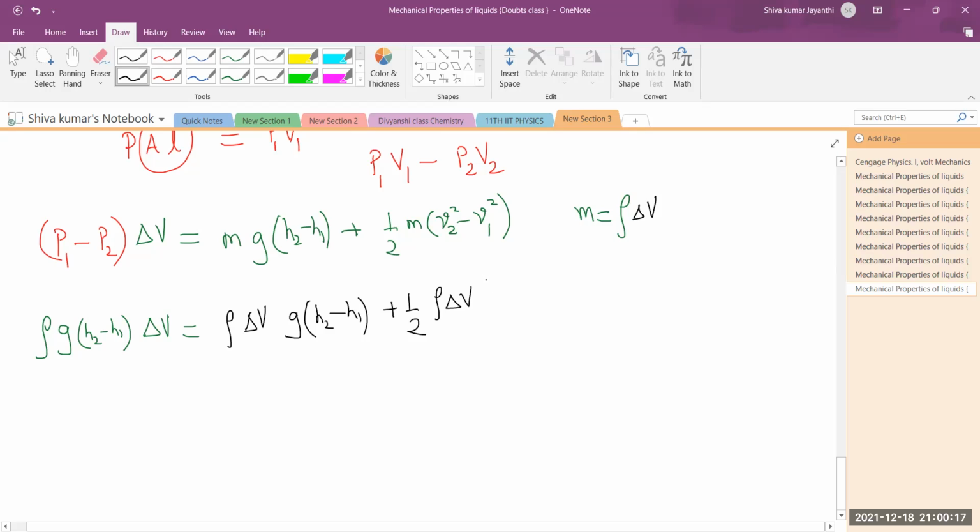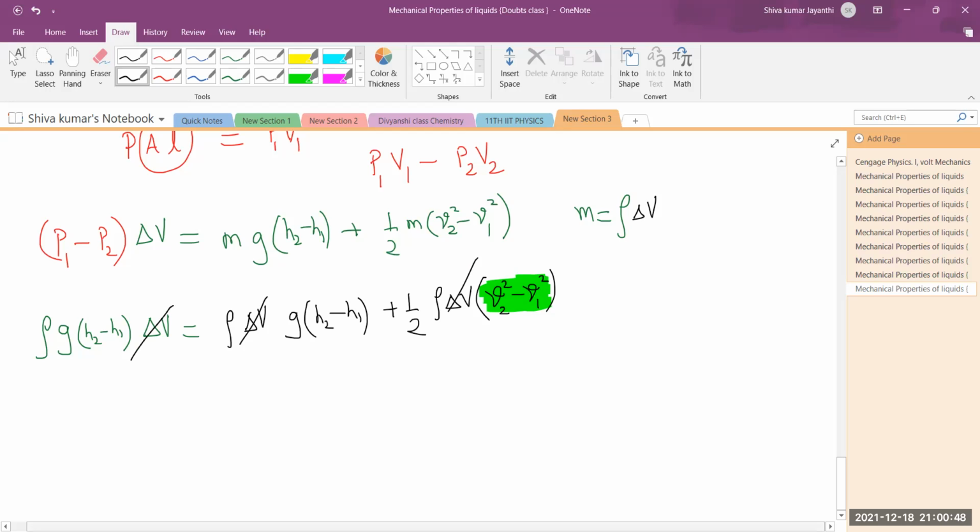This is small v, don't get confused between this v and that V. That's why I'm writing them differently. You can very clearly see the difference in the script. For your understanding, I'm putting this in green. This is velocity and this is volume. Now you can see on either side, you can cancel this delta V.